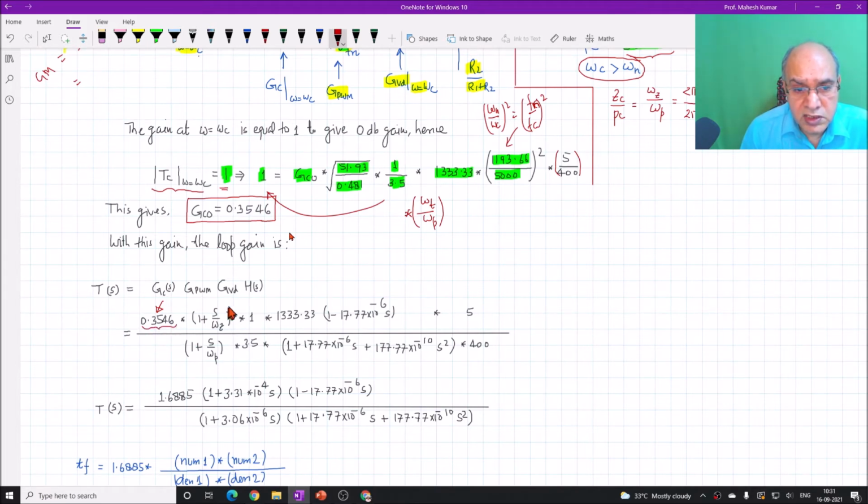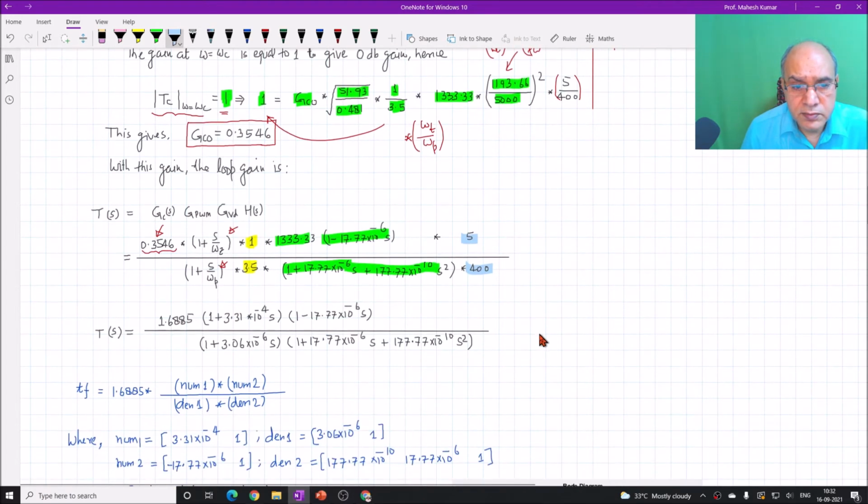GC0, then this is the lead compensator, this and this, then we have 1 by 3.5 transfer function for the PWM block, and then we have GBD, this is GBD, and finally we have HS, so this is HS.